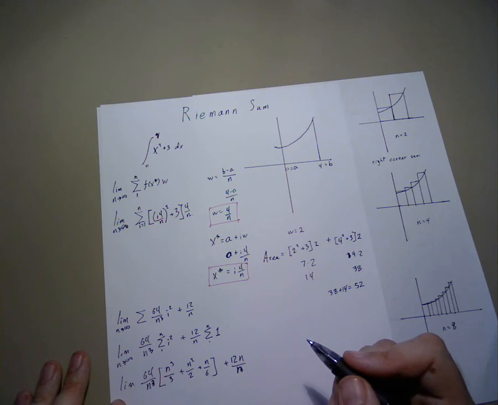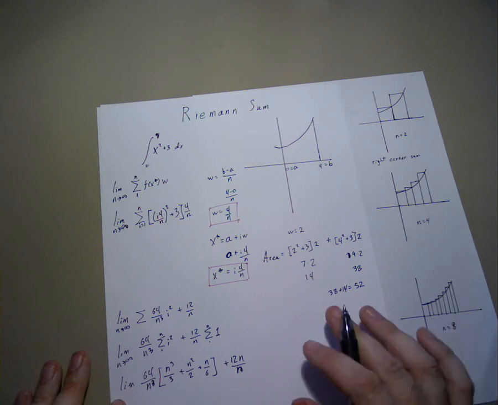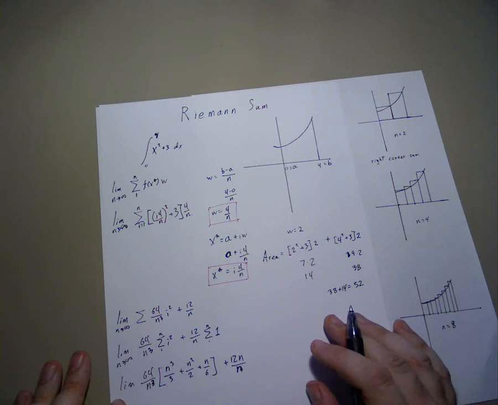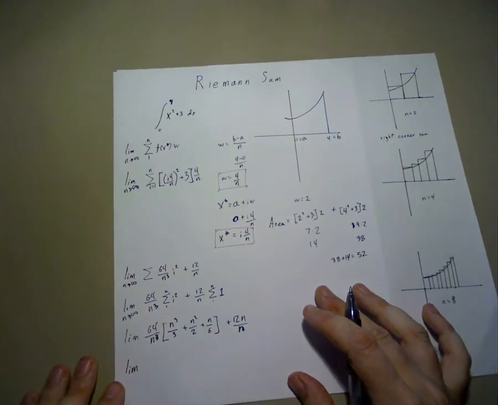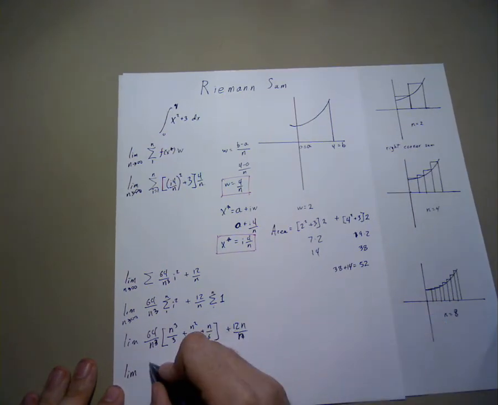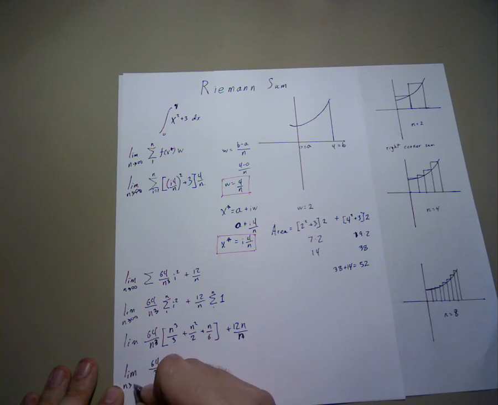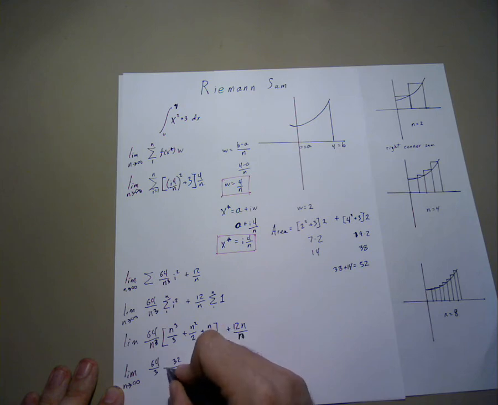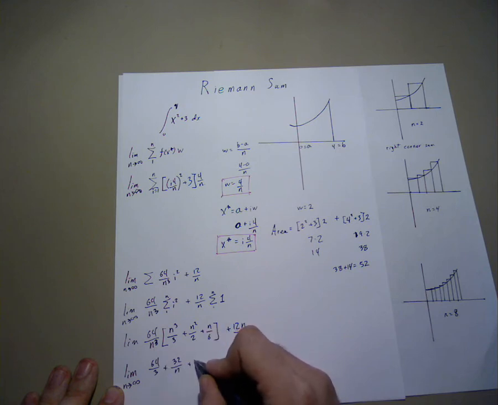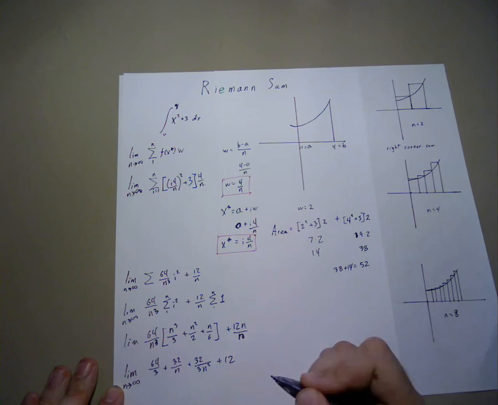Now, it's a matter of evaluating the limit. We can simplify this by writing, we have plenty of room to write, 64 over 3, of course, as n goes towards infinity, we have 32 over n plus 32 over 3n squared plus 12.